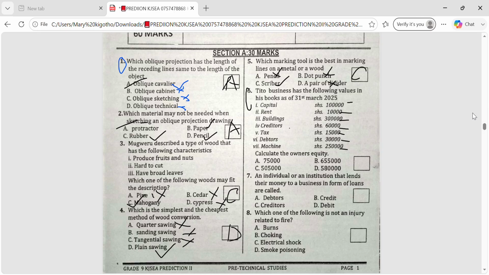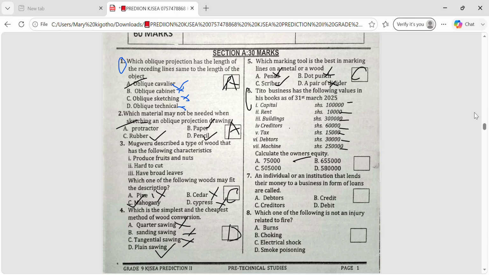So we need now to know the formula for getting owner's equity. You need to ask yourself first, what is owner's equity? Owner's equity is the amount of the business that actually belongs to the owner.